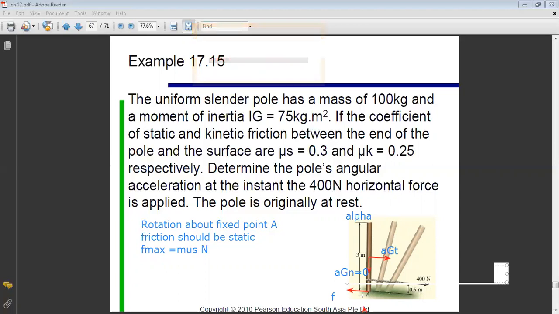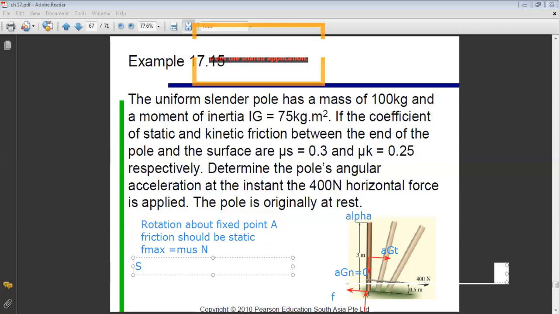So to find my unknowns, I have N, F, aG tangential, and alpha. I have 4 unknowns. I need 4 equations. Let's start with the first equation. What will be my first equation? Sum of moment about G. Yes, as you like, we can start by moment about G.